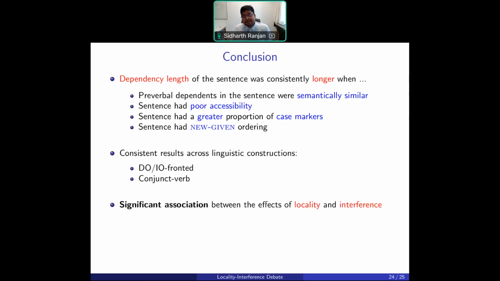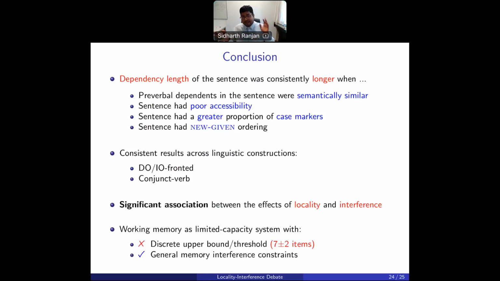Our results suggest that there is a significant association between the effects of locality and interference, with perhaps the effects of locality being reducible to more general interference-based phenomena. As a general takeaway, our work suggests that one can view working memory as a limited capacity system with not a discrete upper bound or threshold on the number of items that one can store in the mind, but rather more general memory interference constraints.